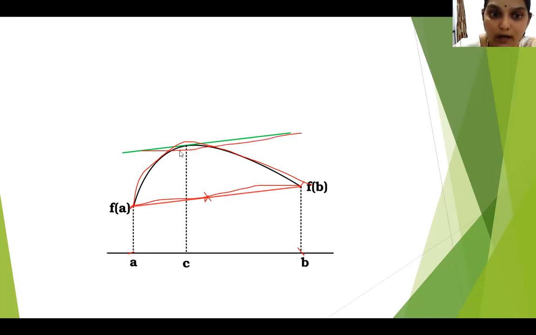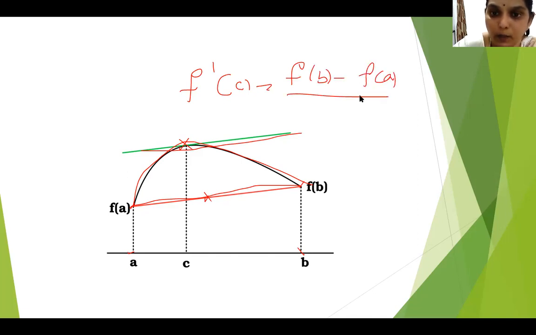There exists one point like that, and we write it as f dash C, which is f of B minus f of A divided by B minus A. This is how we define these two theorems.